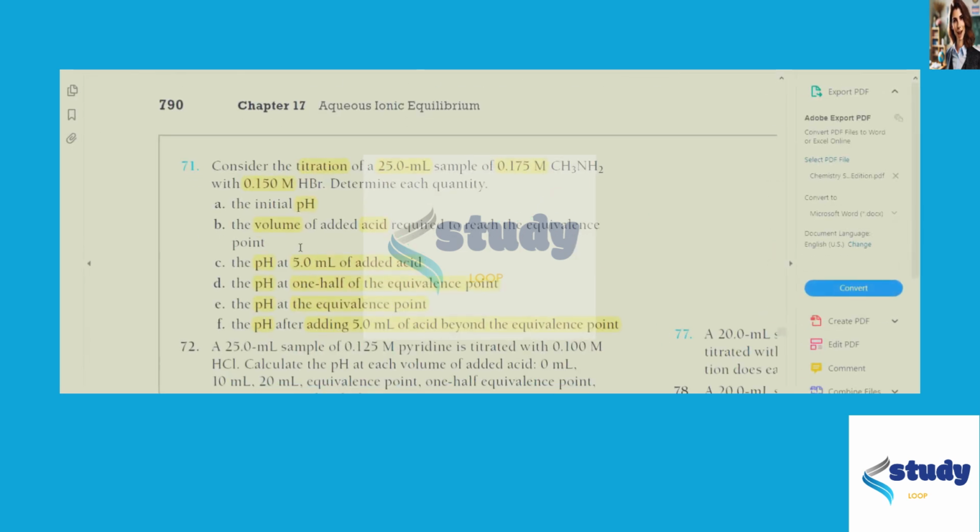Now the second part asks us to calculate the volume of added acid required to reach the equivalence point. For this, you have to understand the concept that at the equivalence point, the number of moles of acid has to be equal to the number of moles of base.